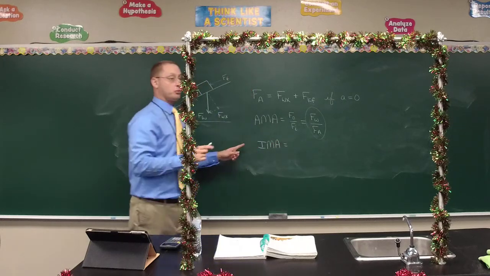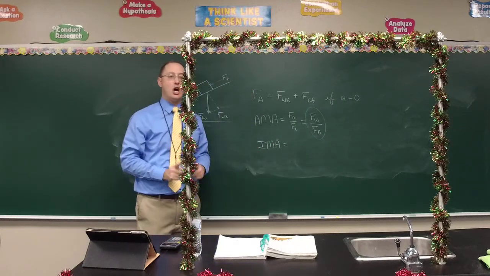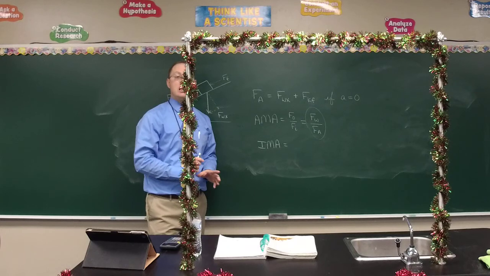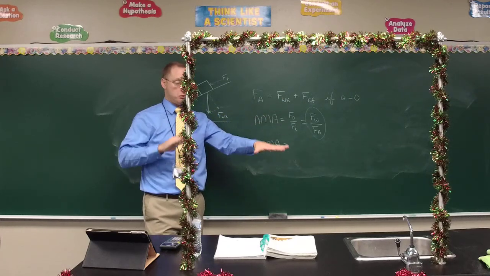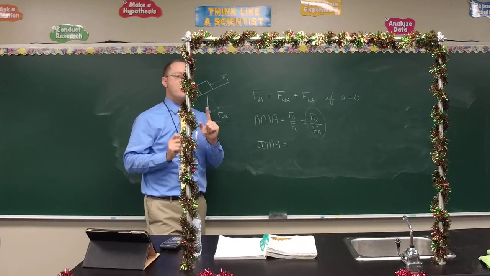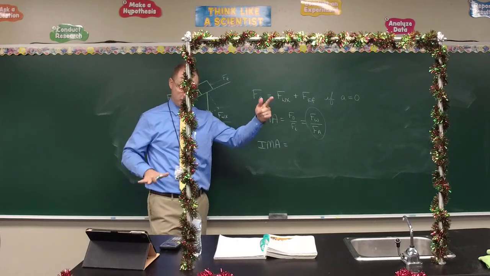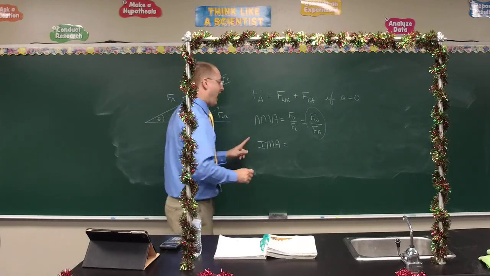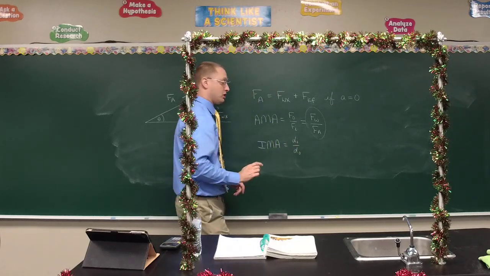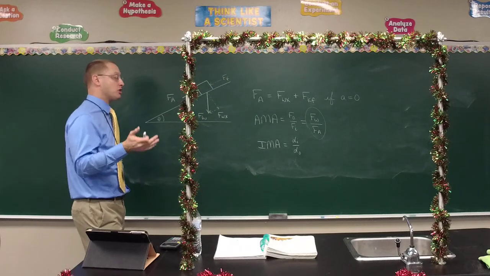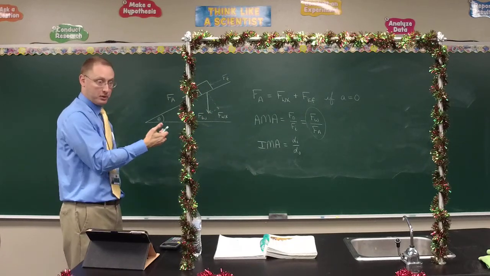Remember, IMA is a ratio based on the design of the machine. In the case of the lever, we said the contrasting lengths of lever arms would make a difference because they contrast the distances that have to be moved, right? IMA is always a ratio of distances that are accomplished. In the case of the levers, we can use the lever arms as an equal representation.